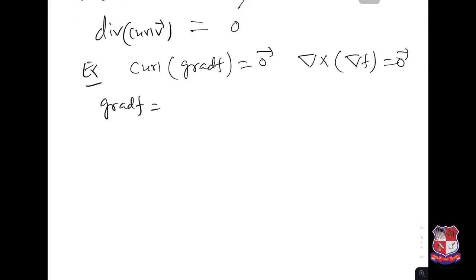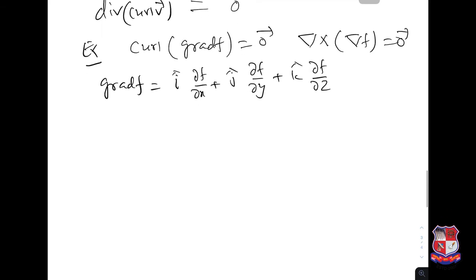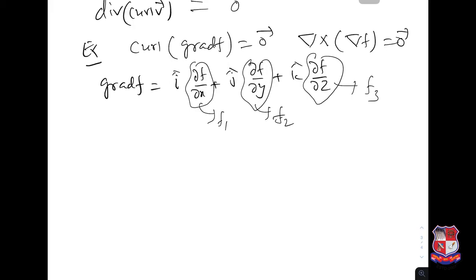So gradient of f equal to i del f by del x plus j del f by del y plus k del f by del z. So this is gradient of f, and this we can consider the first component, this is the second component, and this one is the third component.